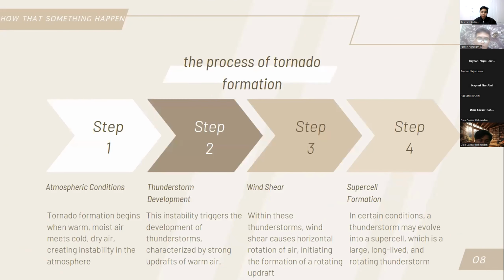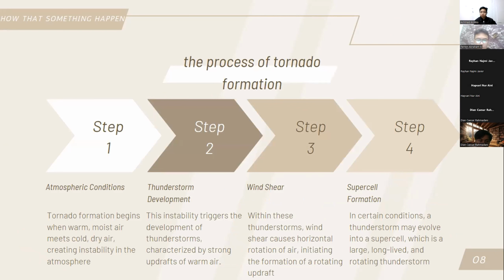So this is the process of tornado formation. Step one, atmospheric conditions. Tornado formation begins when warm, moist air meets cold, dry air, creating instability in the atmosphere. Step two, thunderstorm development.